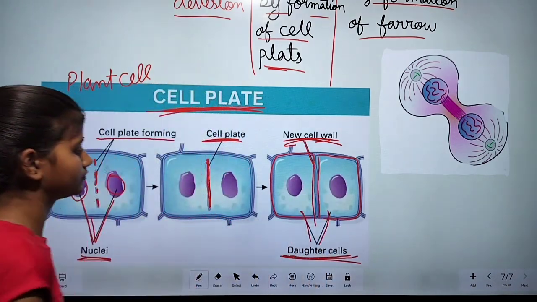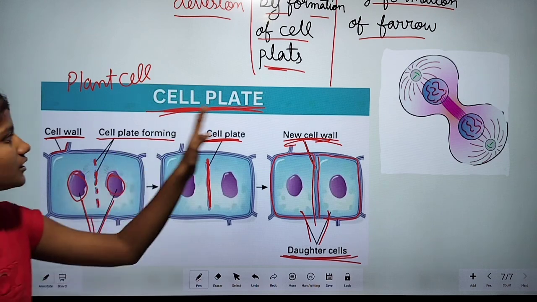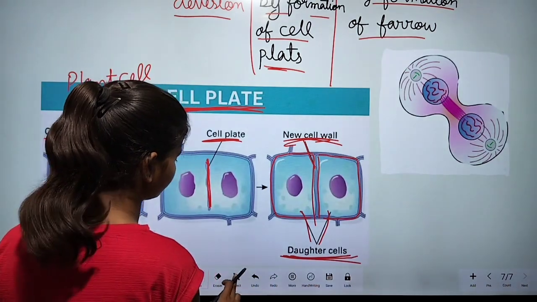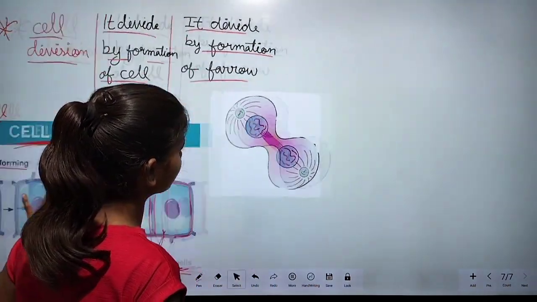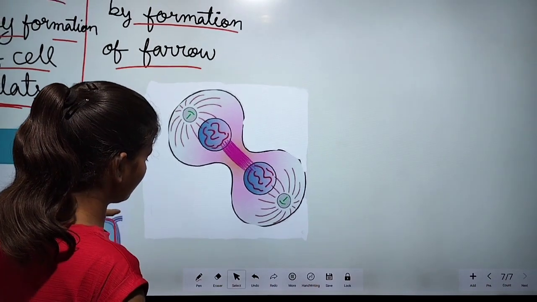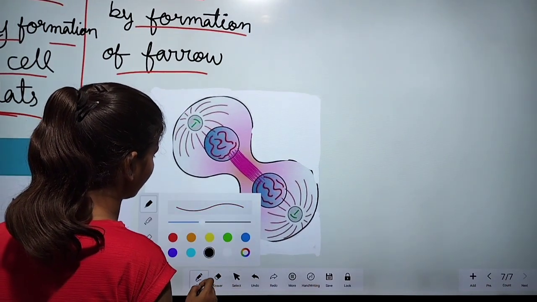This is the process of cell plate in a plant cell, and in animal cell it divides by the furrow process.